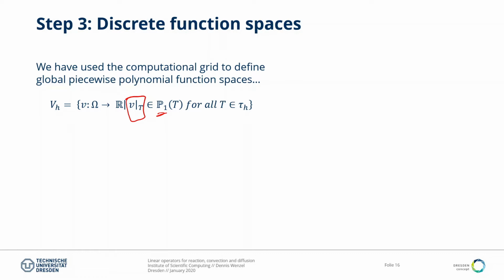What these functions graphically look like is these patch-wise surface functions. You take a straight surface on every cell of the grid and you connect them patch-wise.